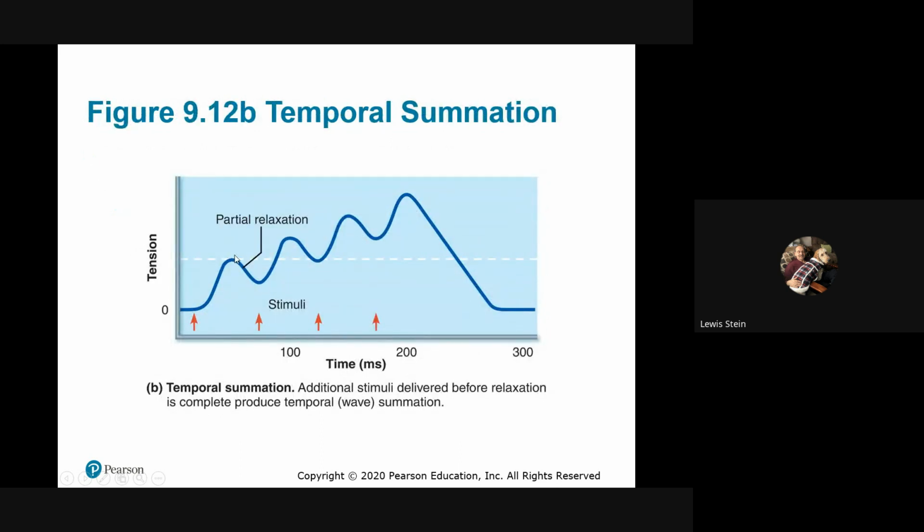And so this is classically referred to as a staircase pattern. It's just like up, up, up, like you're climbing a set of stairs. Notice the frequency now is what? Maybe every 50 milliseconds, maybe 20 per second. Okay, rather than before, which was, let's say, 10 per second. We call that temporal summation because we're increasing the number of stimuli over a unit of time.